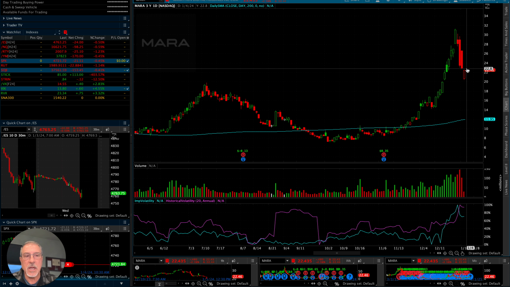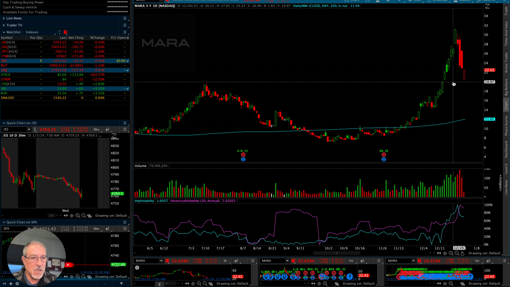Now it looks like it's starting to move back up again. Obviously there's no guarantees in trading, and I stress this is paper trading so that everyone learns the process of trading. But this looks like a good candidate for a bullish sort of trade.